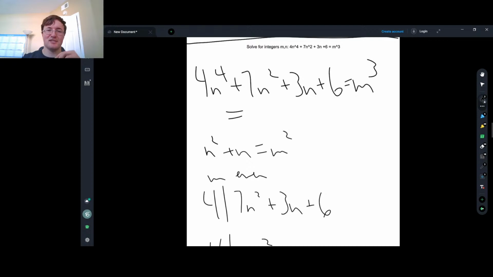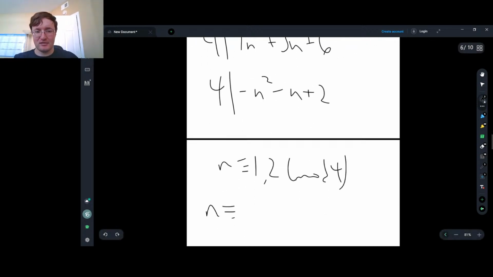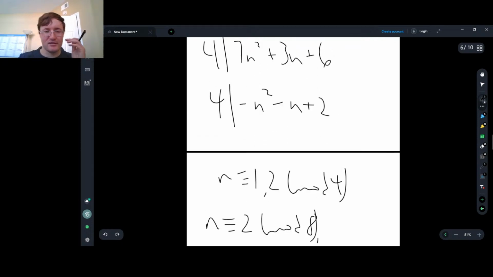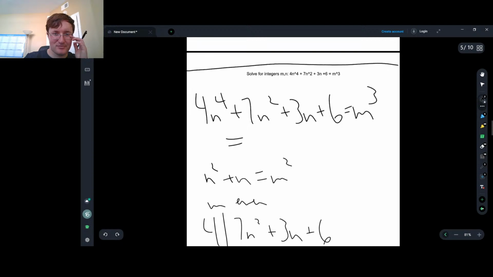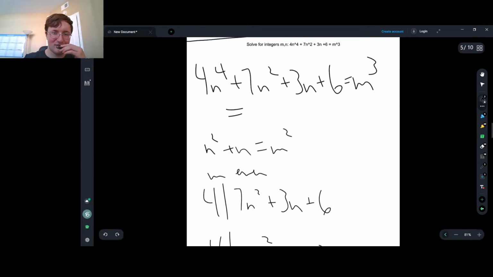Because m is... okay. If n is 2 mod 8, I get 28 plus... oh, shoot. Okay, that could work, actually. Wow. These are tough. I might have to look at a hint in a few minutes.